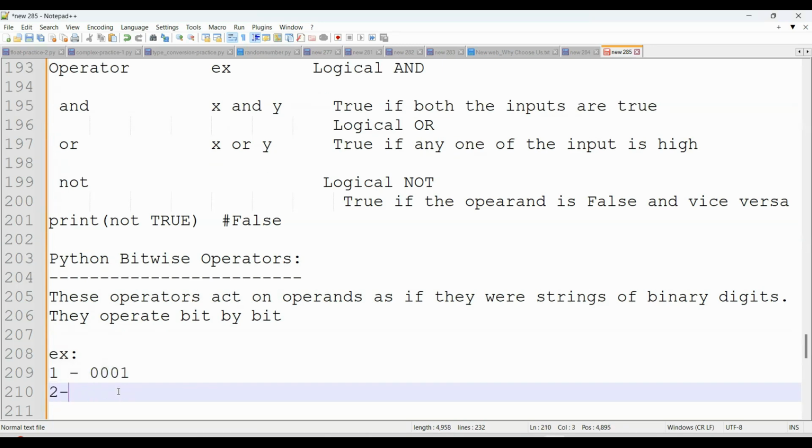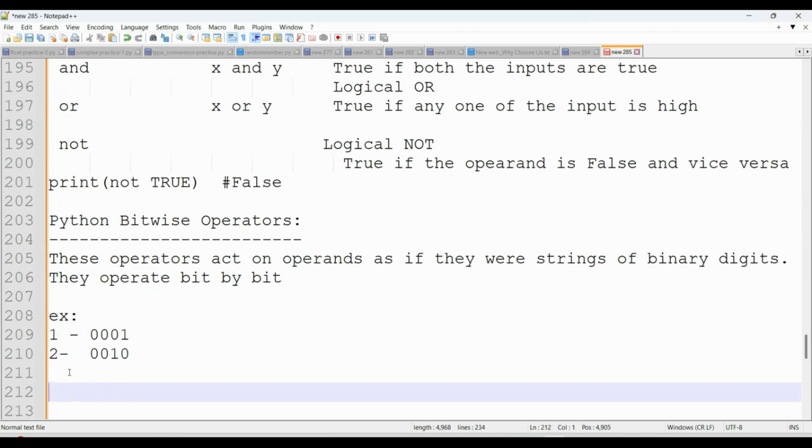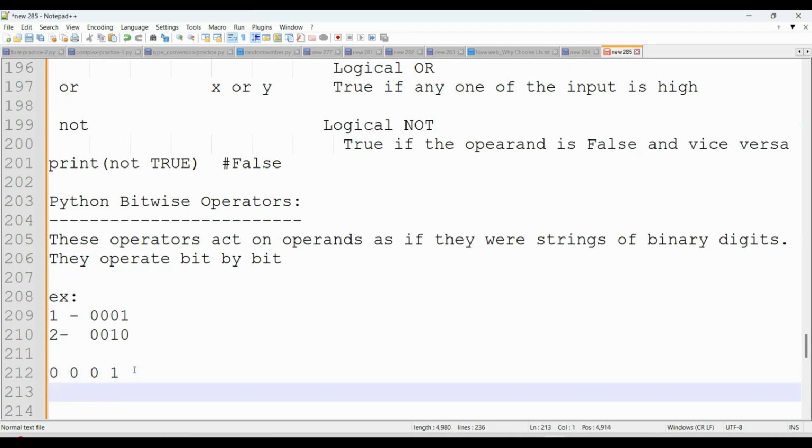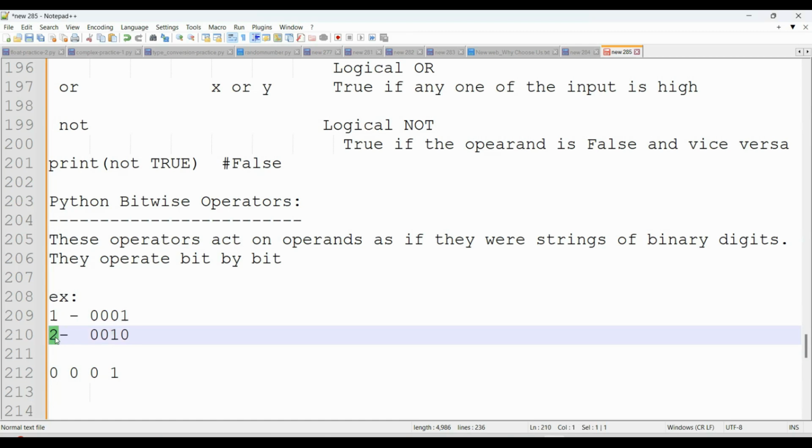Let us say 2, 0, 0, 1, 0. How will it be calculated? Let me explain. First of all, 0, 0, 0, 1. I'll give space. This is binary. We'll convert it into decimal.